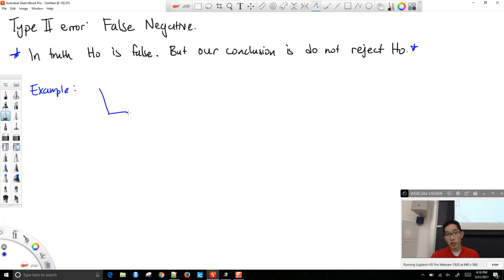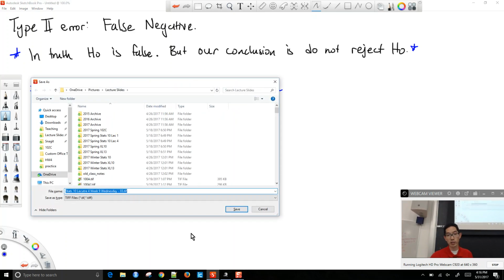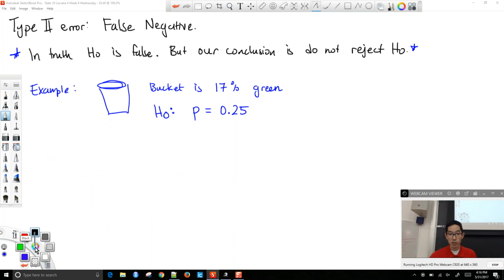the bucket is 17% green. The null hypothesis will state, maybe the null hypothesis says that P is equal to 25%. So this is wrong, right? This is not true. The null hypothesis is false.